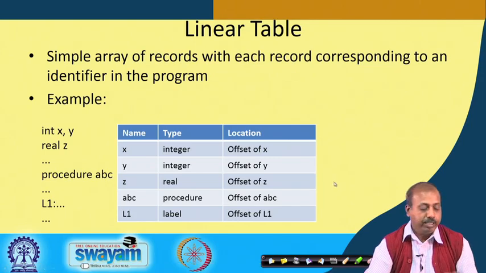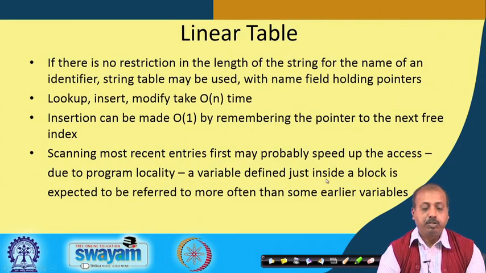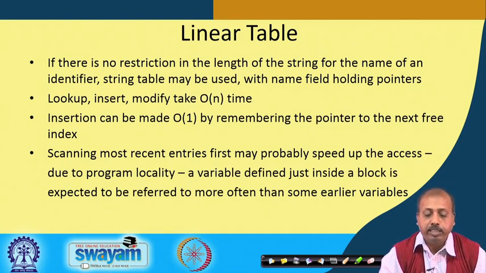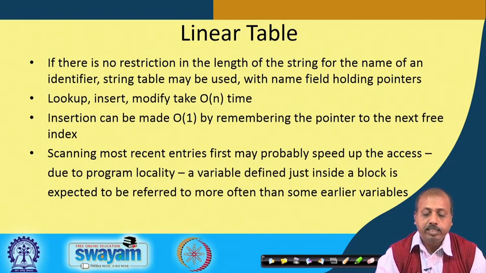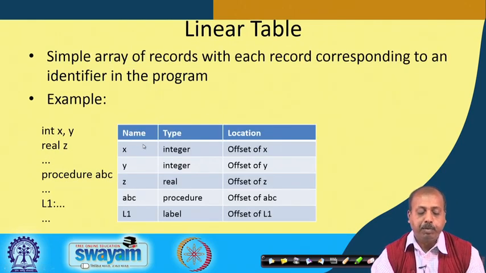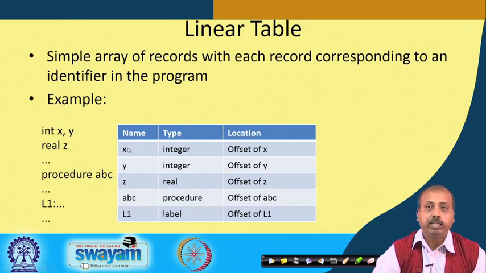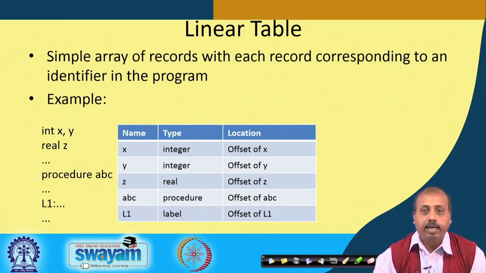Now, apart from this linear table, other organizations are also possible, but with a linear table, if there is no restriction on the length of the string for the name of an identifier, a string table may be used. What I mean is that the name part ultimately stores the name of the symbol. The programming language will tell whether identifiers should have a finite length or not.